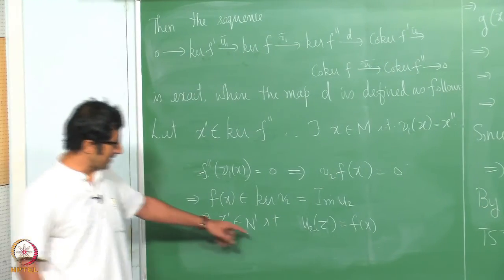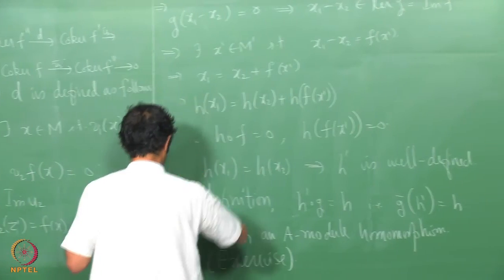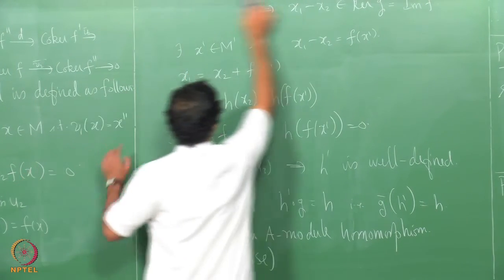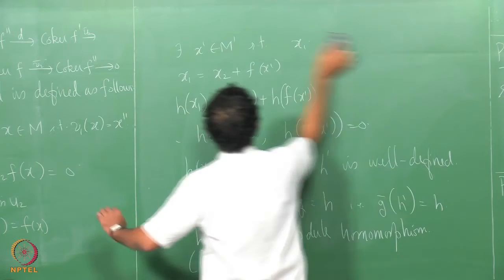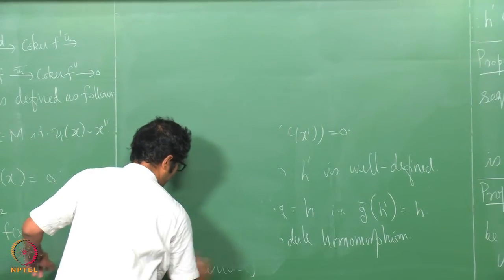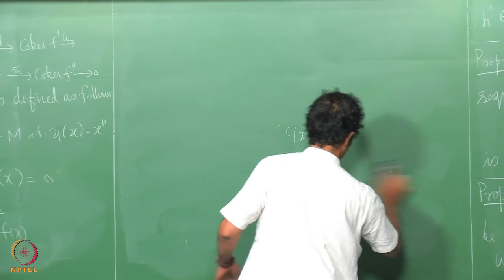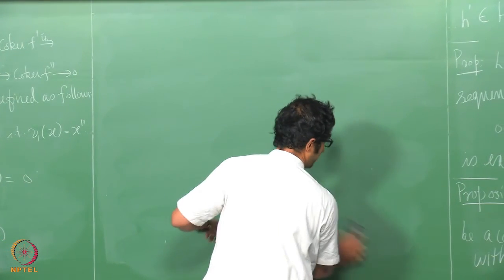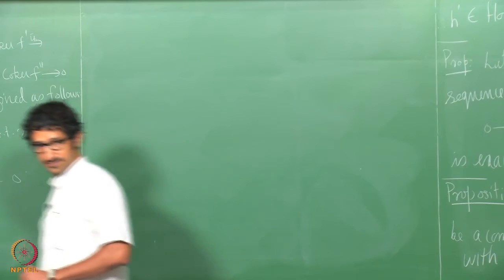Now, the first thing that we need to check is whether this is well defined or not. We have travelled a lot, from x double prime to reach z prime. How do we know that if we travel a different path, we do not arrive at a different element?